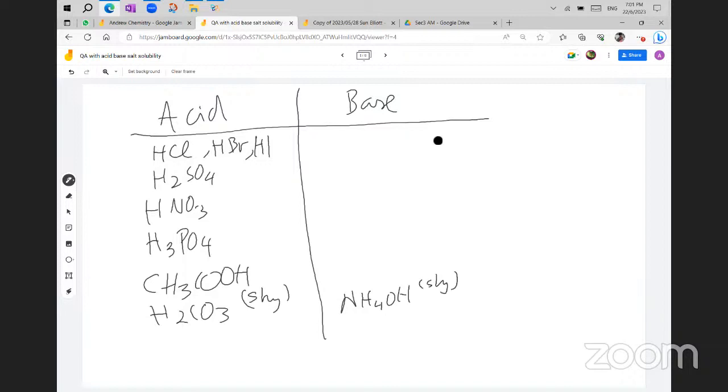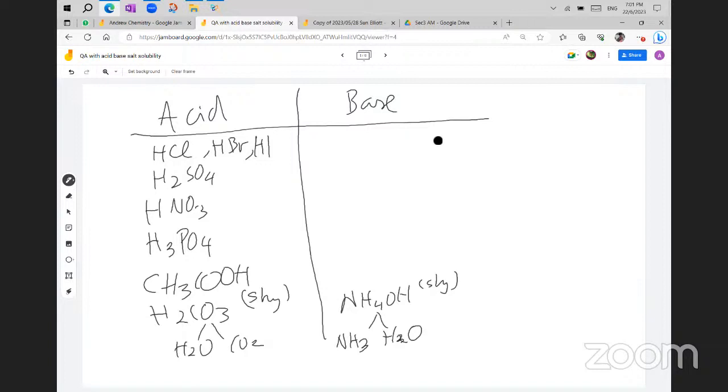What do I mean by shy? He refuses to be an acid. This shy base refuses to be the base. If H2CO3 ever exists, he will immediately, not very fast, but immediately, start to break himself into H2O and CO2.